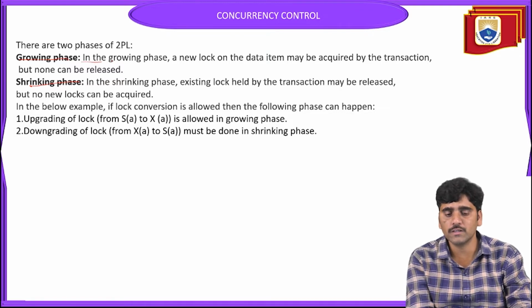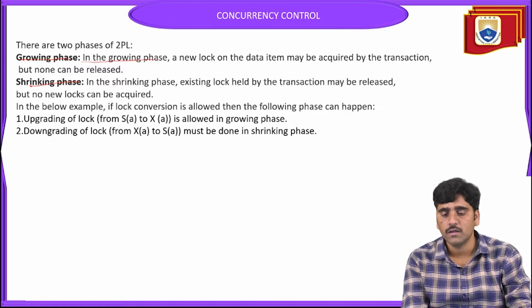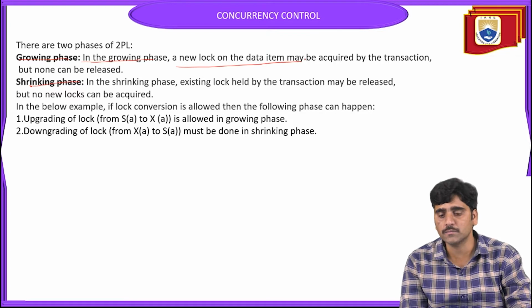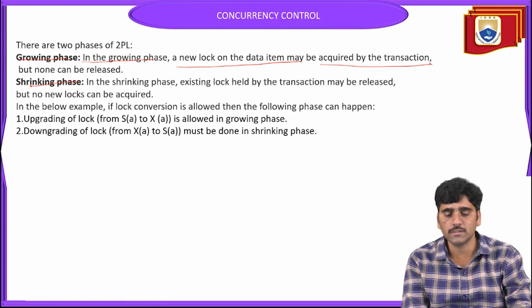So what is the growing phase? In the growing phase, a new lock on a data item may be acquired by the transaction, but none can be released. That means it is requesting new locks, but it is not releasing any lock.